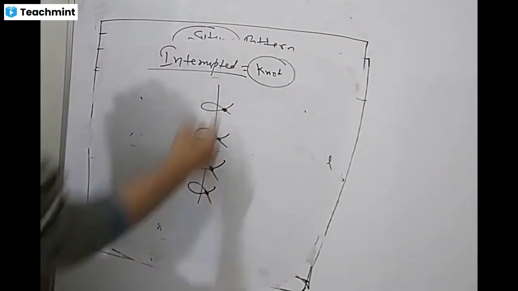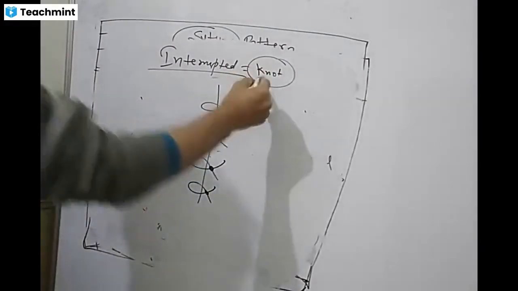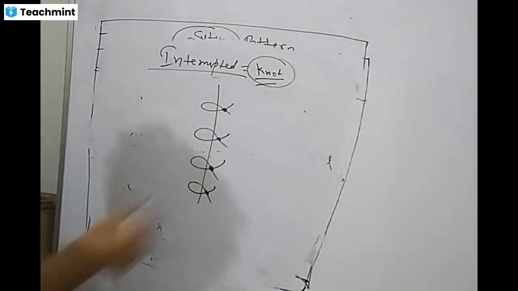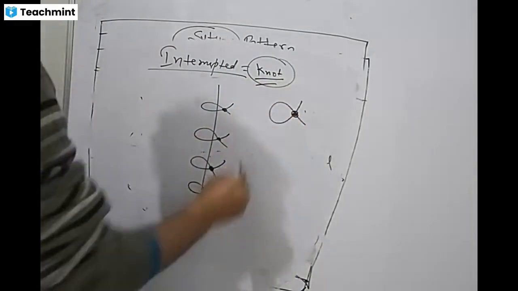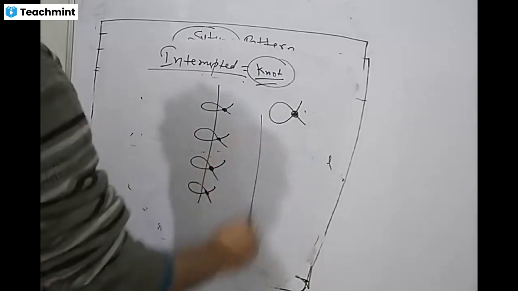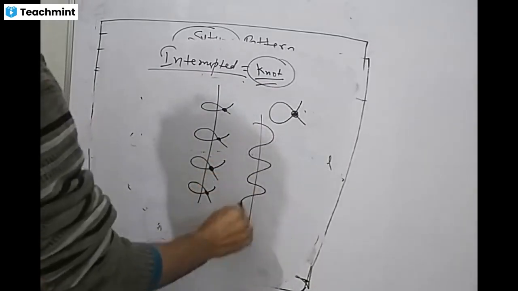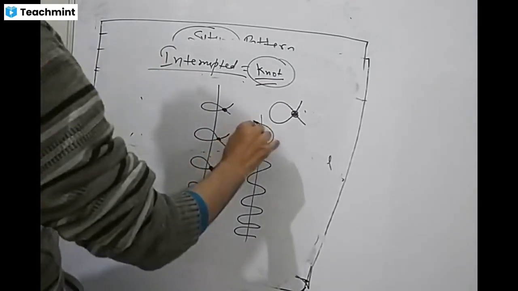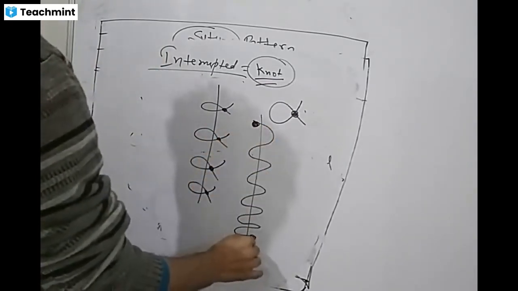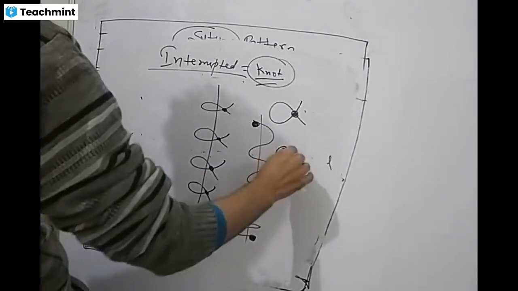Such a kind of pattern is called interrupted, which has a starting point and ends with a knot. Opposite to this, there is the continuous suture pattern. In the case of continuous, there are only two knots.